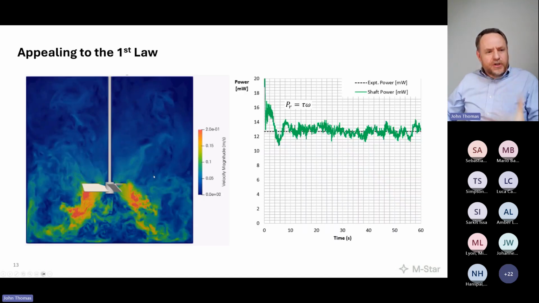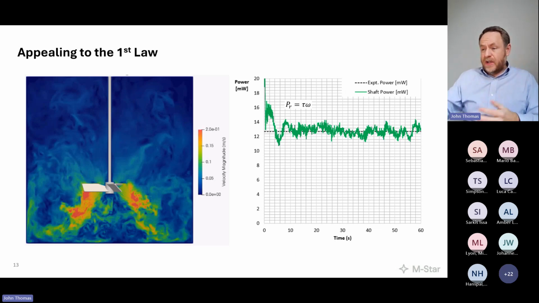Now, let's consider the first law here. We know from the simulation what the torque on this impeller must be. That comes out of the code. That torque times the angular velocity gives us the power. We can calculate how much shaft power is going into this system in order to spin the impeller at 60 RPM. We know from experiment that the power number of this pitch blade impeller is about 1.3.